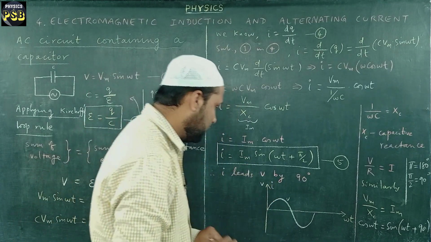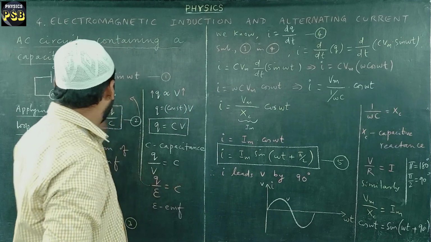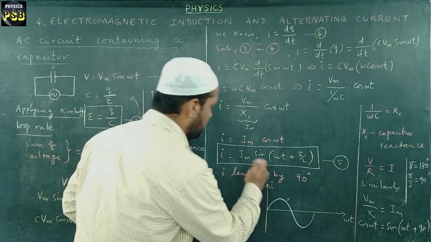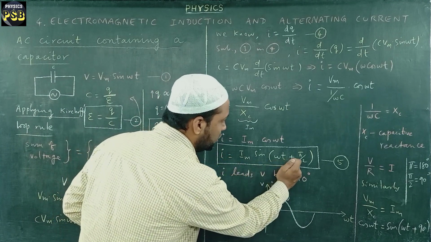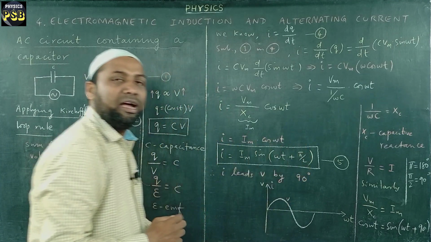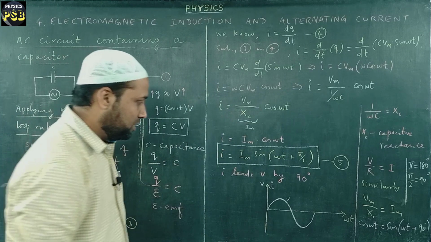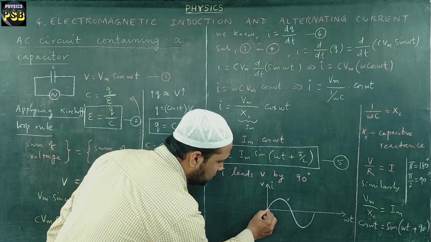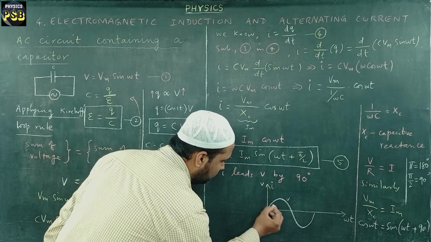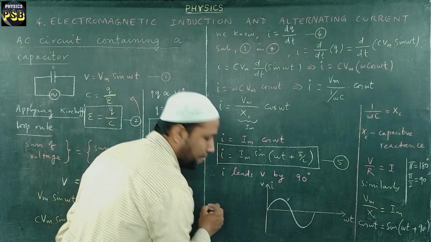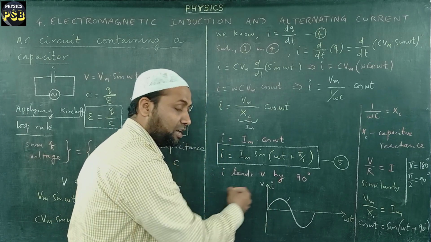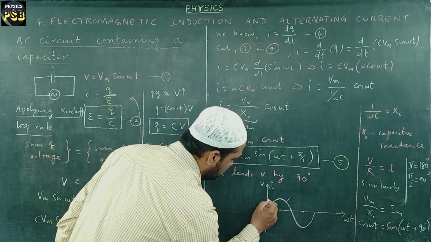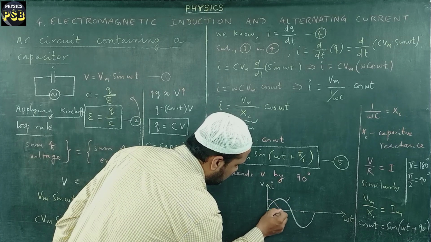Now to represent this, look carefully at what I do. When voltage is at 0, by that time current would have reached 90 degree. Notice, when the voltage is here, then the current will be somewhere here at 90 degree. Clear? First I mark the positions.